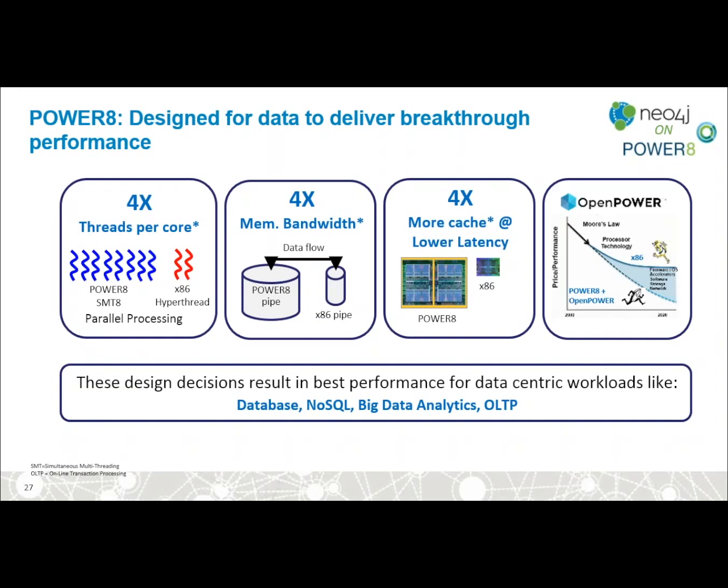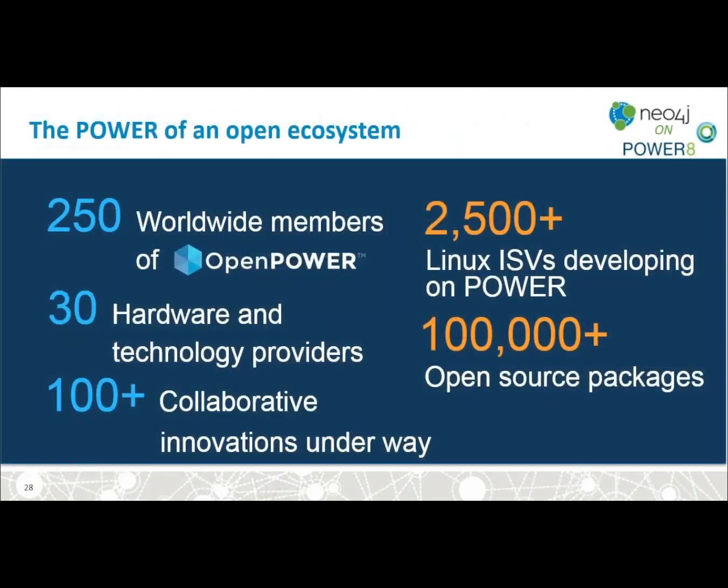In fact, we started this with 5 members, IBM, Google, Mellanox, NVIDIA, and Tyan, and now we have grown to almost 250 plus members. So in addition to the core technology that we bring to market, we have a robust collaboration with a number of partners to further enhance this platform, and we'll talk about that a little bit more here.